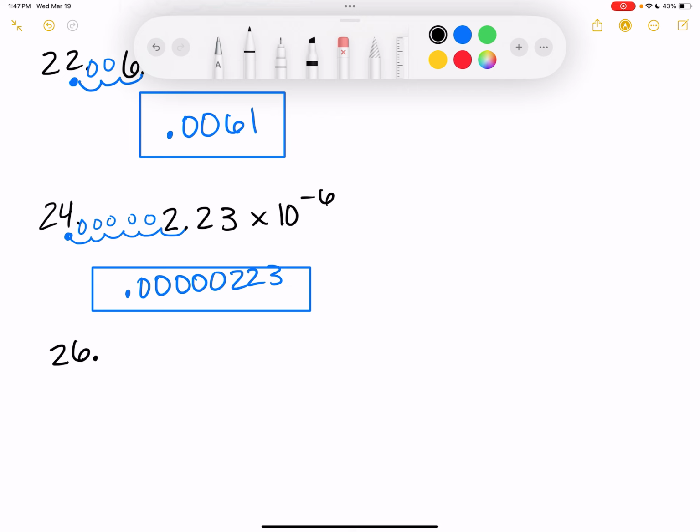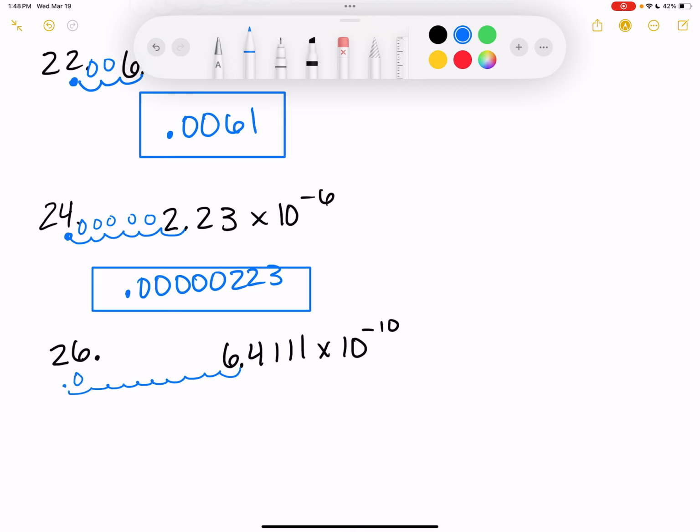All right, 26. 6.4111 times 10 to the negative 10. Oh no, I don't like this. That's not hard. You have to move 10 backwards. Back 1, 2, 3, 4, 5, 6, 7, 8, 9, 10.